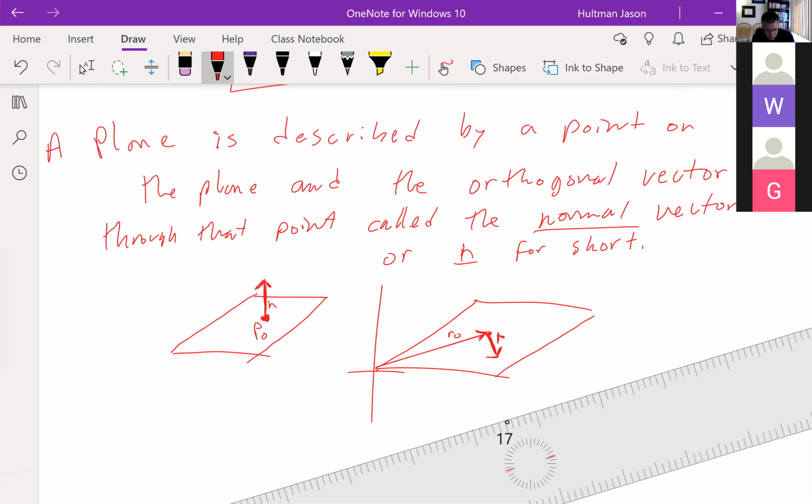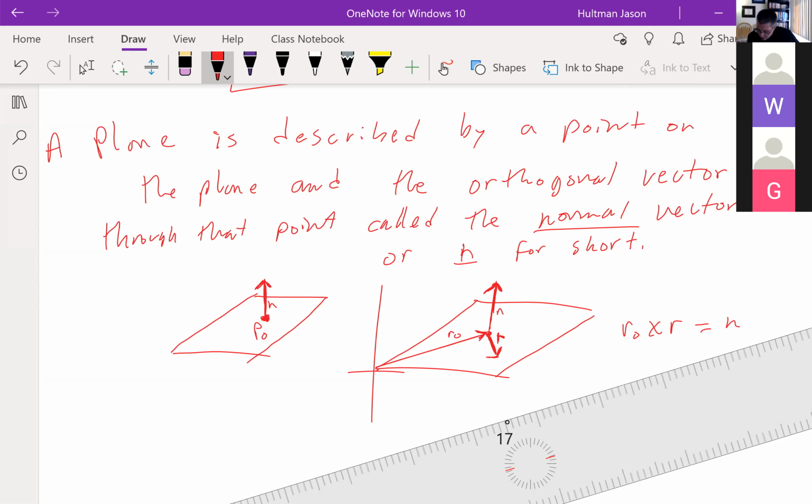But when I do my cross product, my right-hand rule from R naught cross R, that equals my normal vector. That equals n. So R naught cross R goes to n.